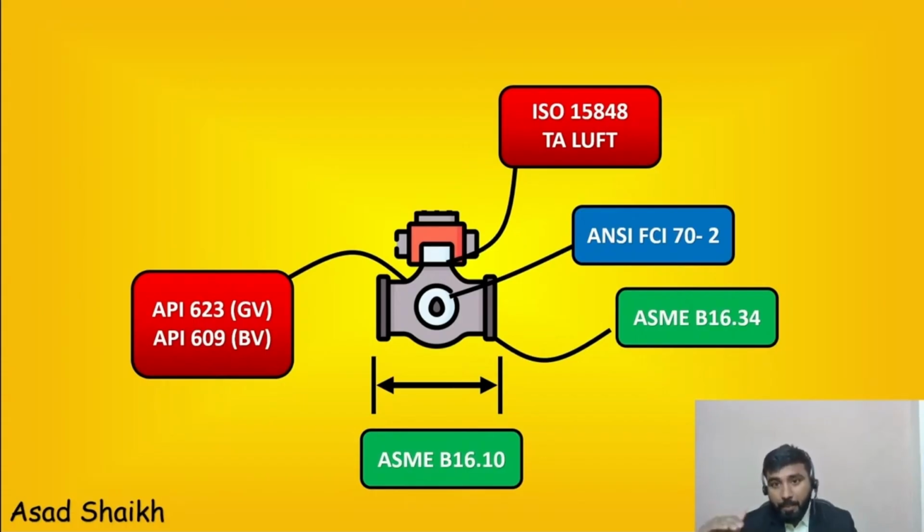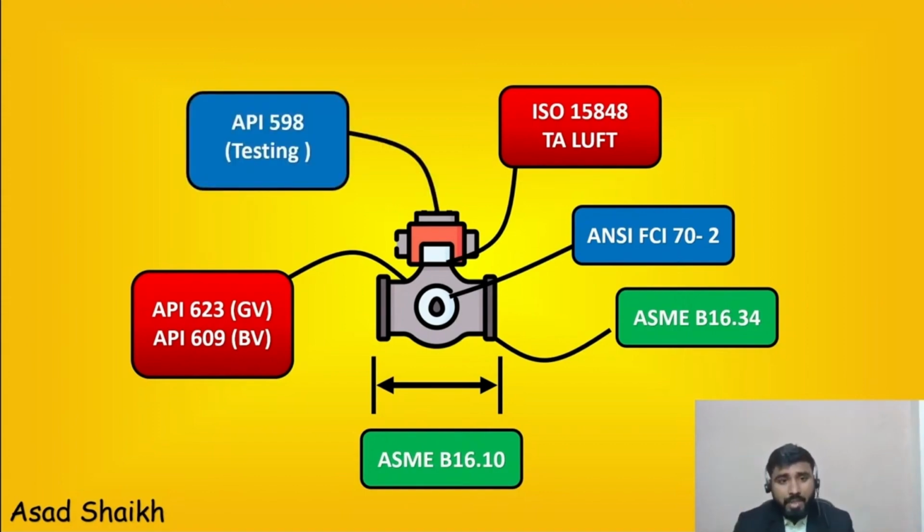So basically you have A, B, C. If you don't mention, my understanding is vendors would consider C, which is the least stringent, which makes sense. And if you wanted A and say so later, there will be a big confusion, because this testing is not very cheap. If all the valves have to be tested, that is not easy. That being the case, be very cautious when you mention these standards.